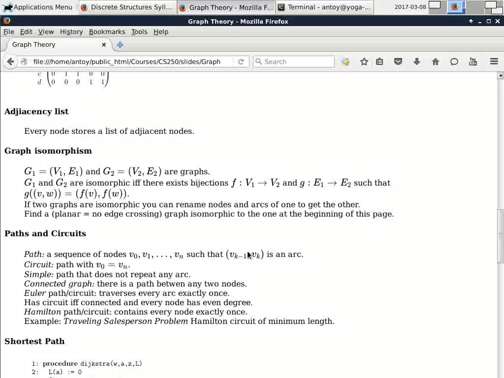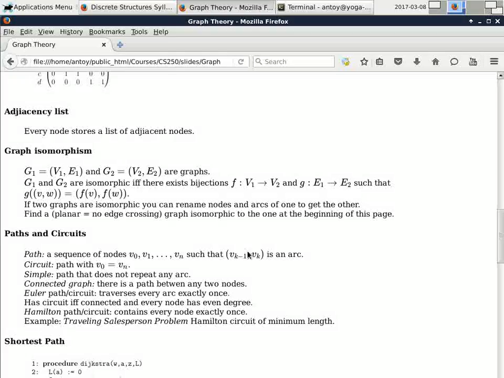These are edges E1, E2, E3, and E4, and these are edges N1, N2, N3, and N4. I have a mapping, let me call this G, that sends E1 to N1, G of E2 to N2, and so on. And this is a bijection. So because they are bijections, the two graphs have the same number of nodes and the same number of edges, right?